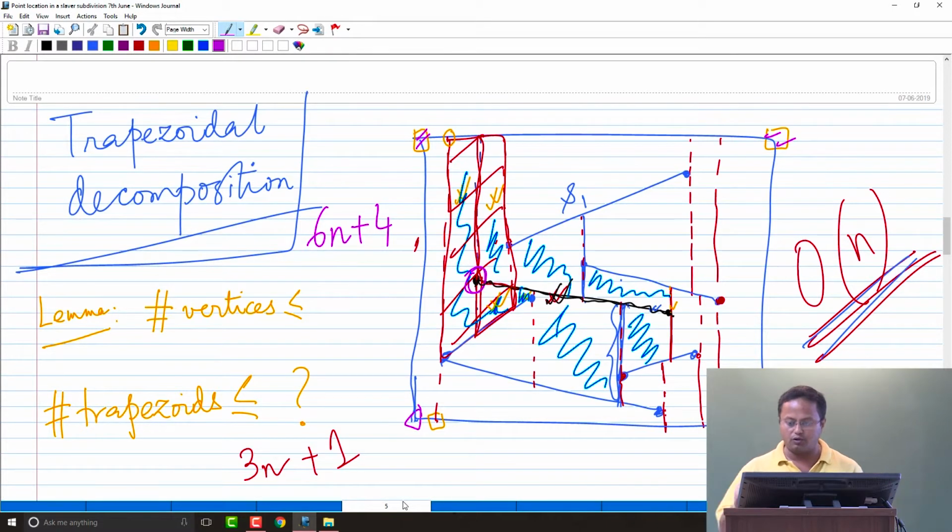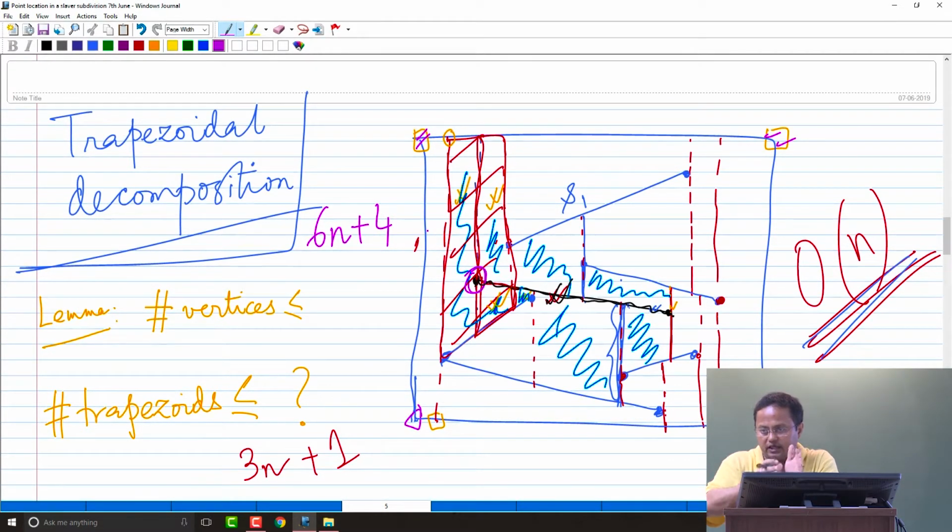Fine. So, one case is when the line segment is going to start from a trapezoid. This is the case I have to handle. In that case, a ray has to be shot up, a ray has to be shot below. You have to create a left trapezoid and two trapezoids, one above the line segment, the other below. Similarly, you have to handle the end case.